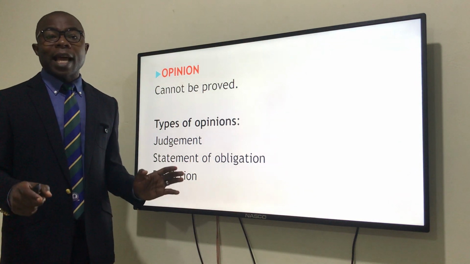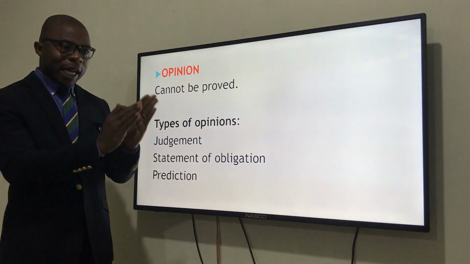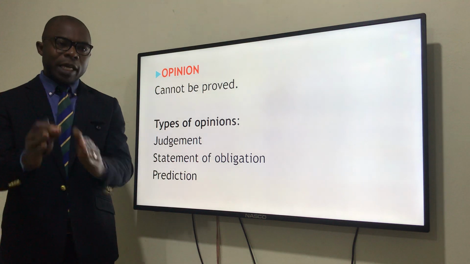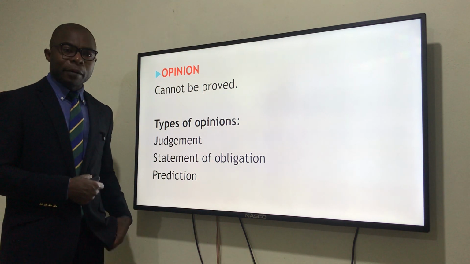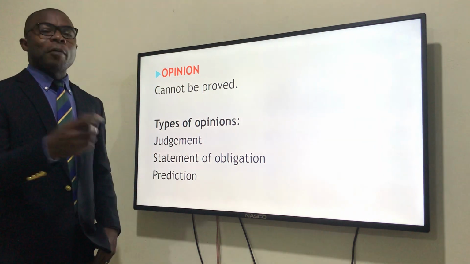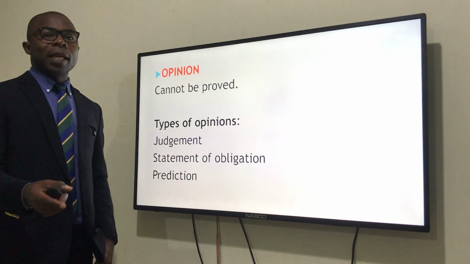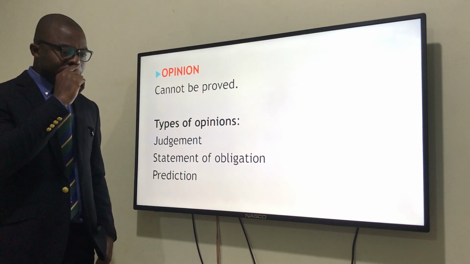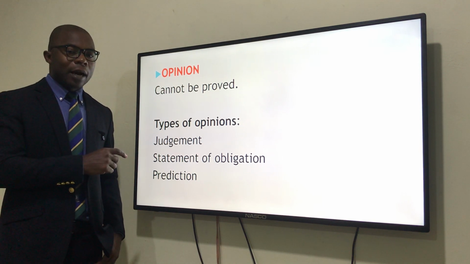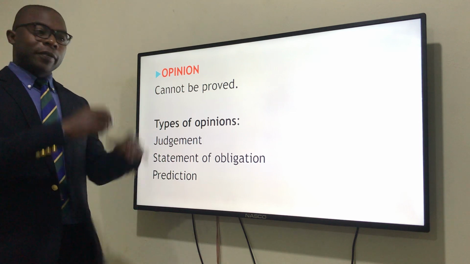So what it means is that fact remains fact. Opinions remain opinion. It is up to us to tell whether we make a mistake in thinking a fact for an opinion or an opinion for a fact. For example, the world has always been spherical.